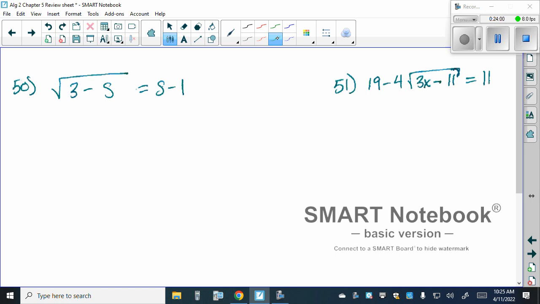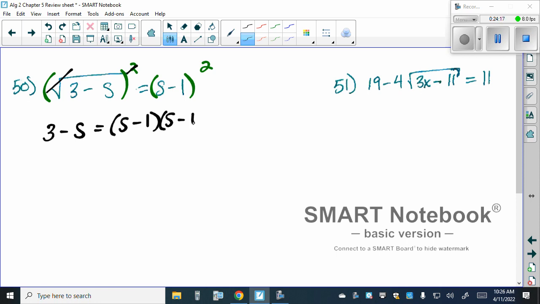So now we need to square both sides. If we square both sides, on the left-hand side, square and square cancel, telling us that we have 3 minus s is equal to, well, s minus 1 squared is going to be s minus 1 times s minus 1.